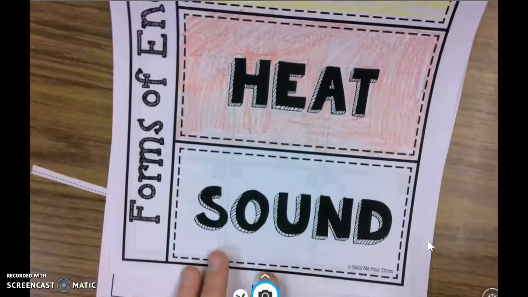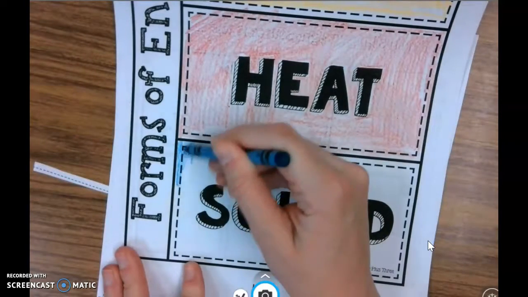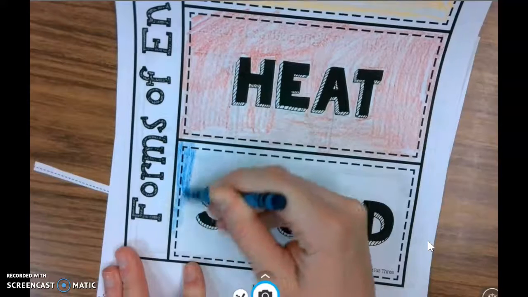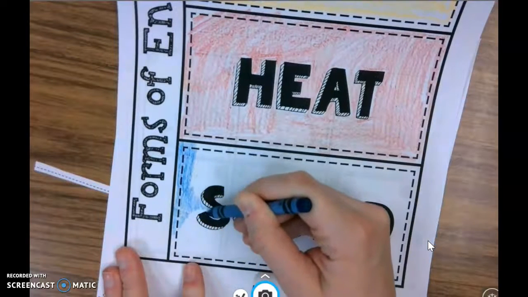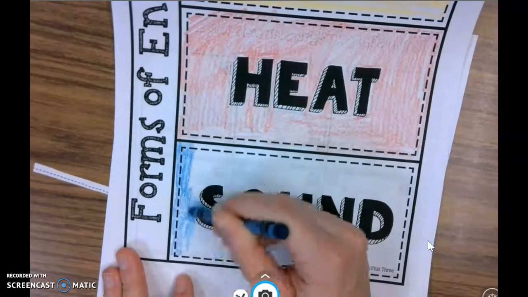So sound can be any color you'd like. I'm going to color it blue, so you can go ahead and pause the video or just color it while I color mine. It'll take me just a minute to color it.